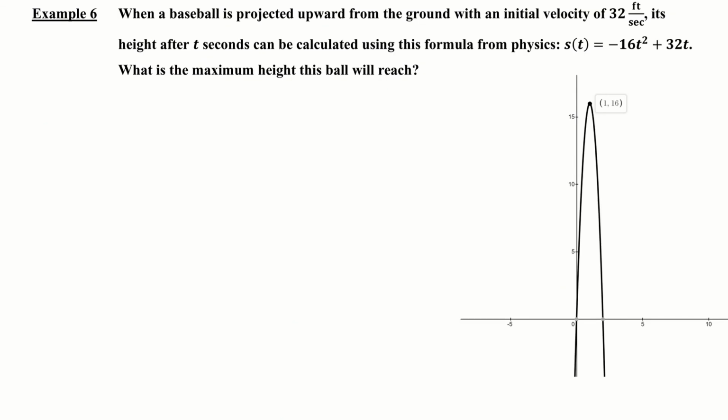All right, so for our last problem, we're looking at a baseball which is being shot straight up like this. Of course, think about it. If you're shooting a ball straight up, what's it gonna do? It's gonna go up.